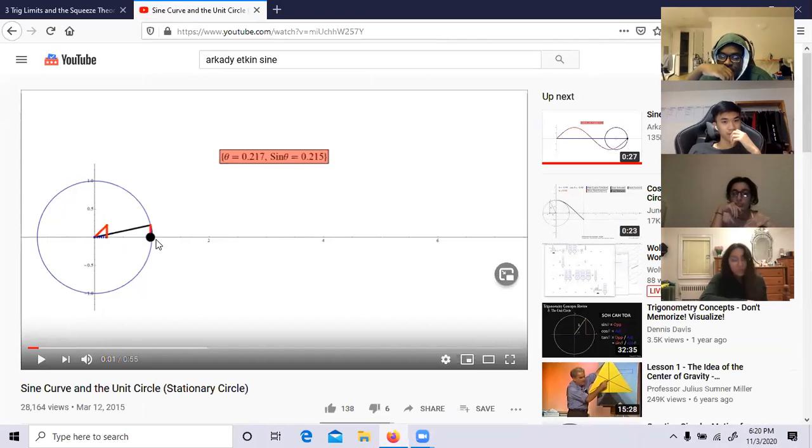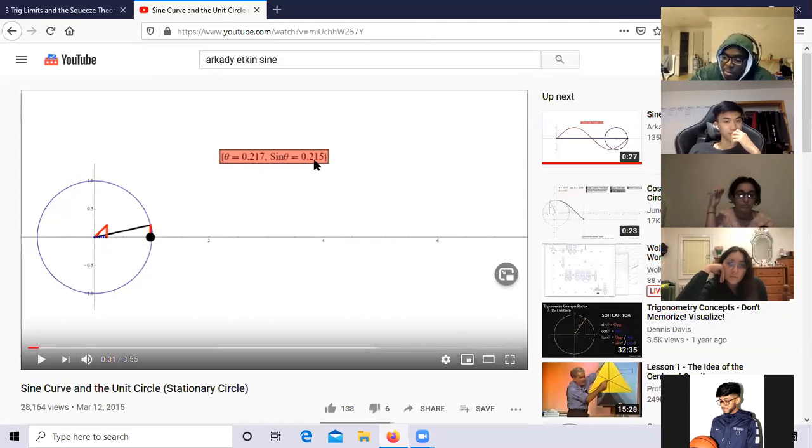The angle is 0.217, which is roughly 22% of the length of the radius. I laid it flat on the x-axis, and then sine is 0.215. You see how close they are? So this length and that arc are very close. When the angle is small, they are very close to one another.